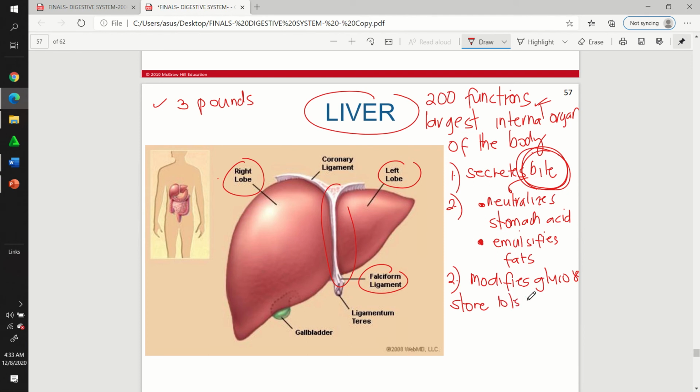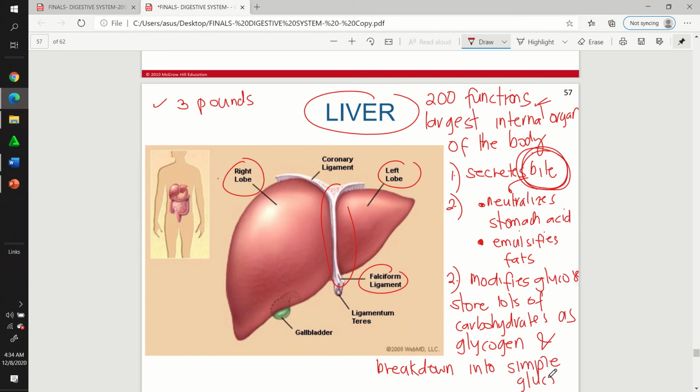Store lots of carbohydrates, okay, stores as glycogen, and break down into simple glucose and put that back into the blood.